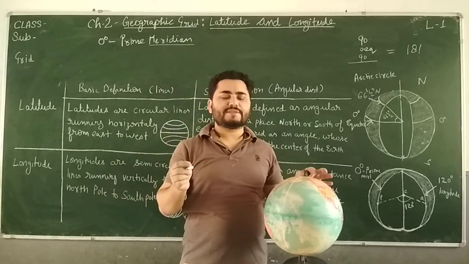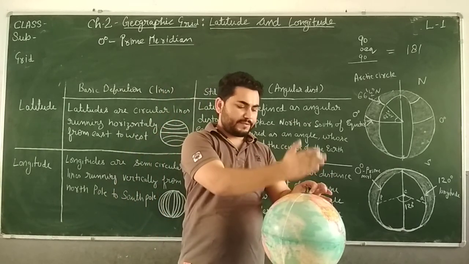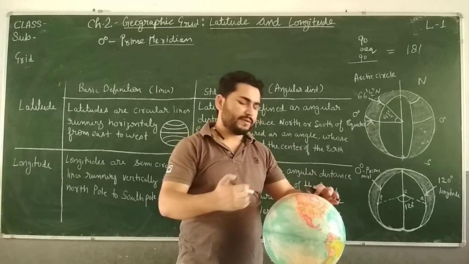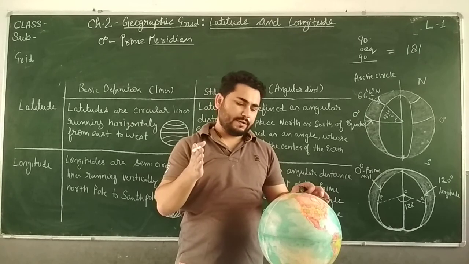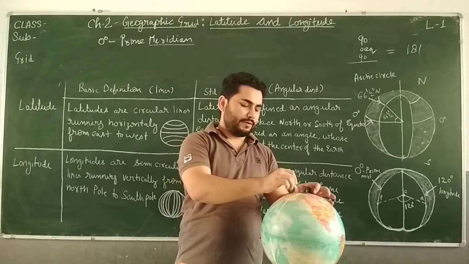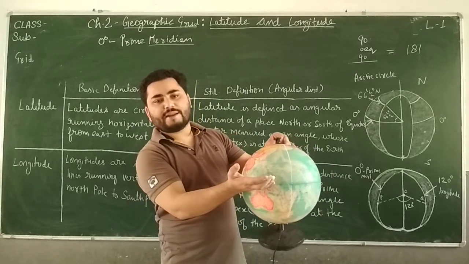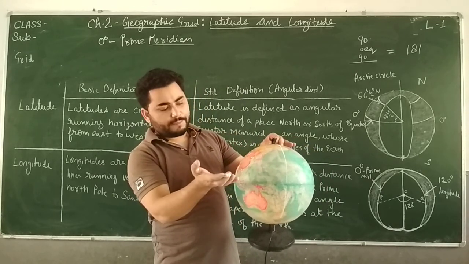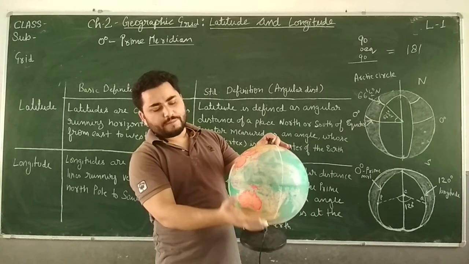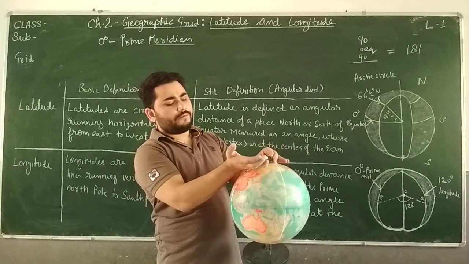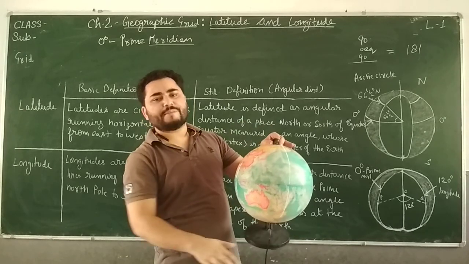Suppose I am cutting it this way, or this way, or this way, I'll get equal halves of the earth. But if I am cutting from here, one will be bigger, another will be small. Here one will be very small and another will be very big.